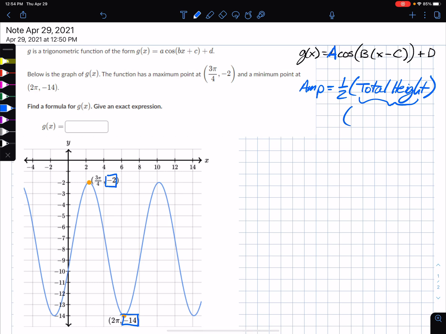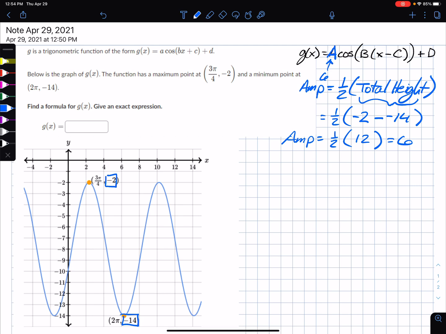So we're going to find total height by going -2 minus -14, the difference in y values. So that's 1/2 times, what we'll get there is -2 plus 14, so that's going to be 12. So half of that is 6. So our amplitude turns out to be 6, which is easy to visualize. The distance from the midline to the peak there being 6. Okay, so we're going to use this as our a value.